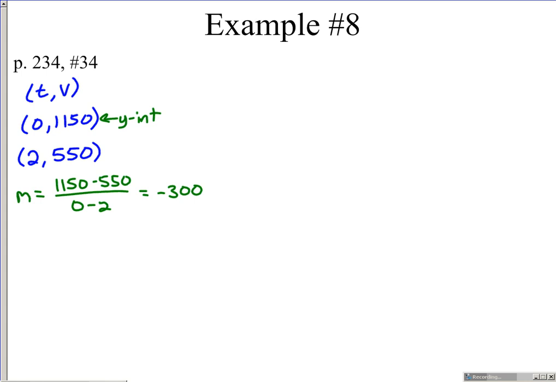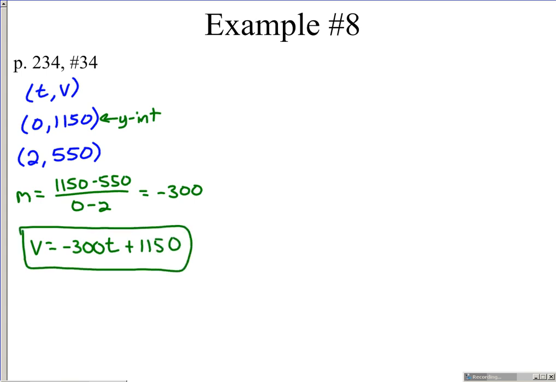That's why we get a negative slope. And our final formula in terms of the variables we picked here is the value of the computer will go down $300 per year, starting at a value of $1,150. So there is our linear model.